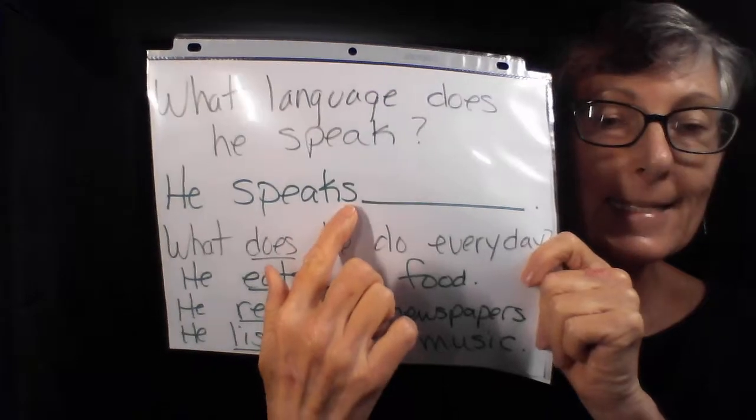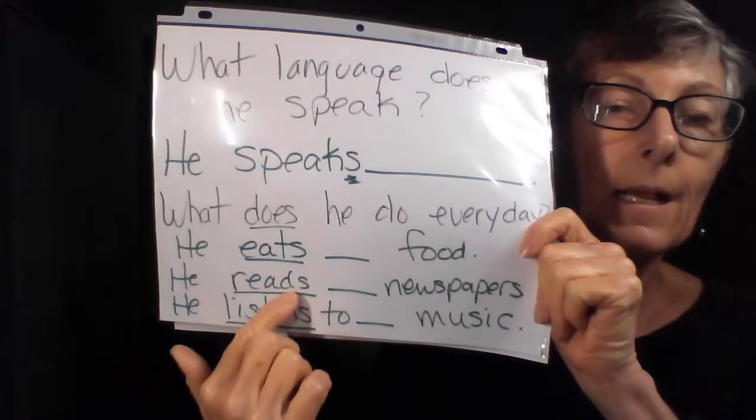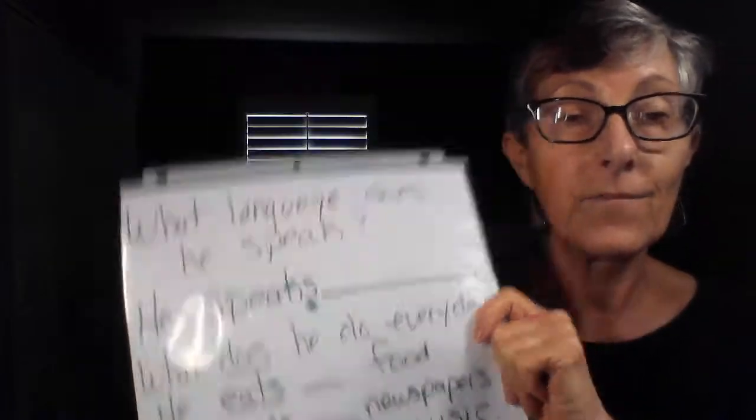He speaks, he eats, he reads, he listens. Very nice practice. Now remember, we will be practicing this for another 4 weeks. So just relax, and we have a lot of practice to do.